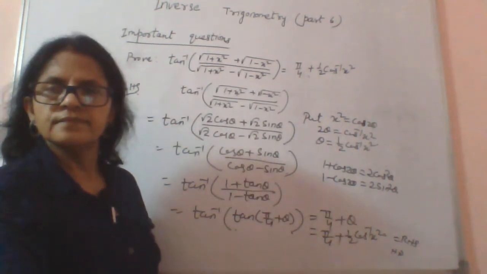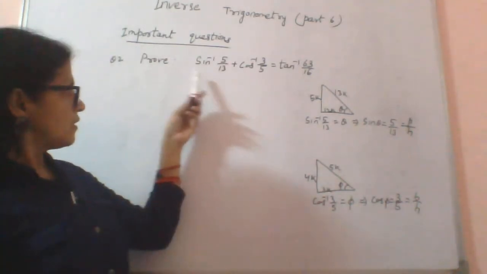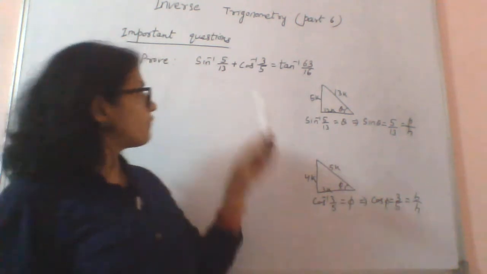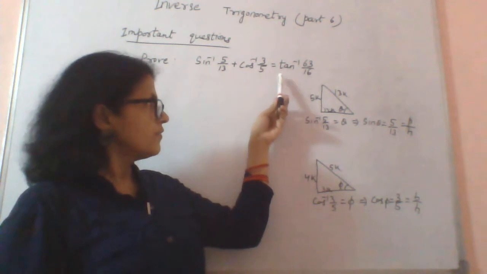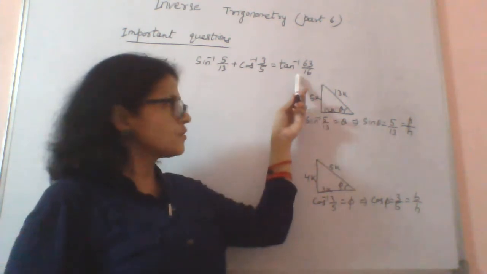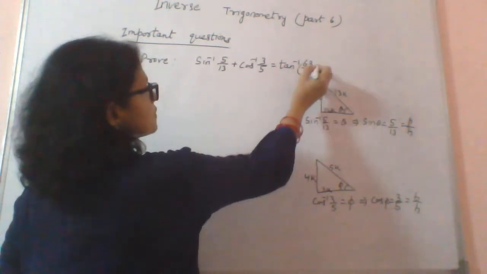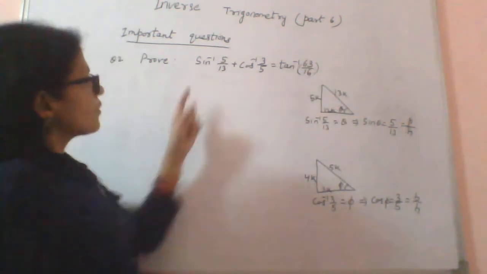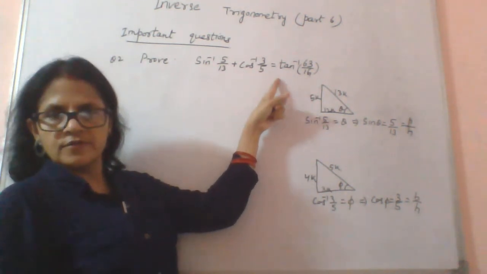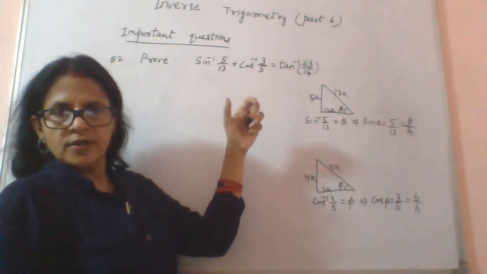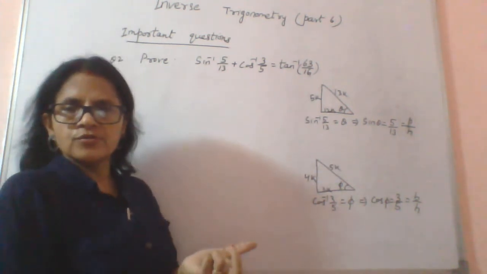Our next question is: prove that sin inverse 5 by 13 plus cos inverse 3 by 5 equals tan inverse 63 by 16. Here you have sin inverse, cos inverse and tan inverse, so it is better if we convert all the trigonometric ratios to the same one.